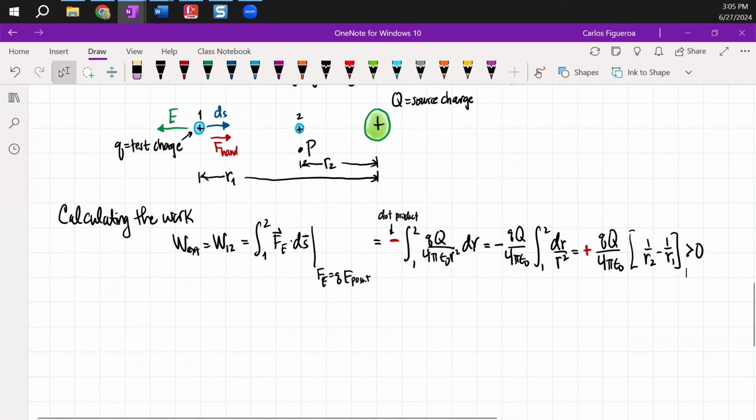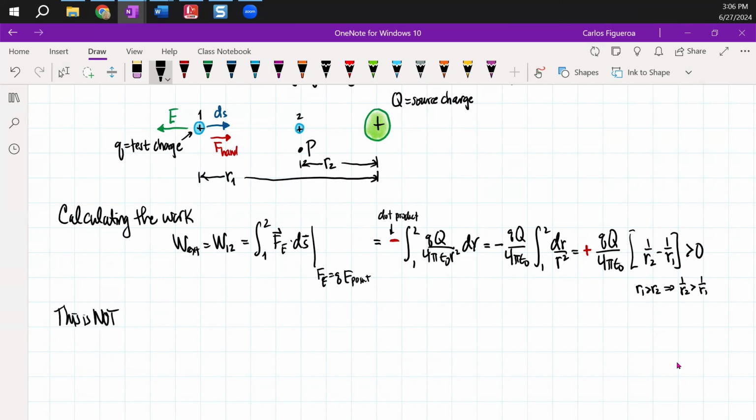So why is this positive? The reason why it's positive is that R1 is greater than R2, which then implies that 1 over R2 is greater than 1 over R1. This shouldn't be a surprise, right?